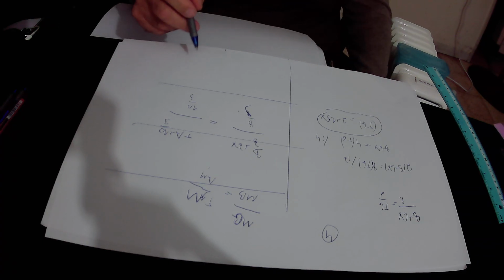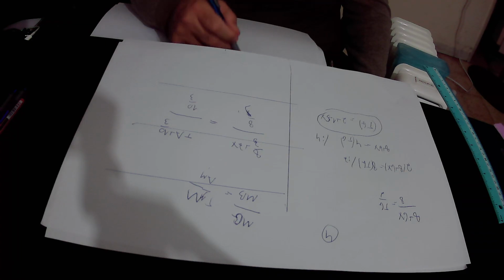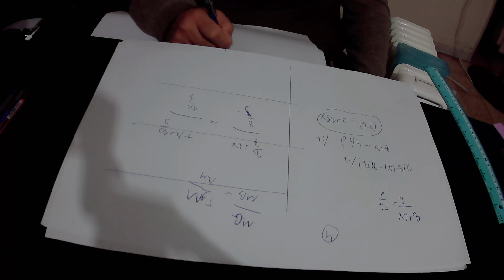So here we multiply TA by 3, so it is 3TA plus 10 over 3 or 10 over 3.